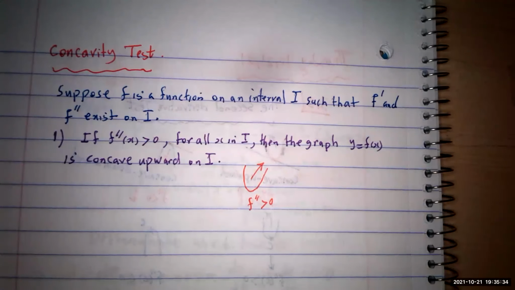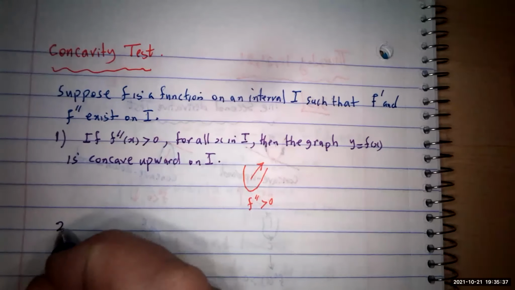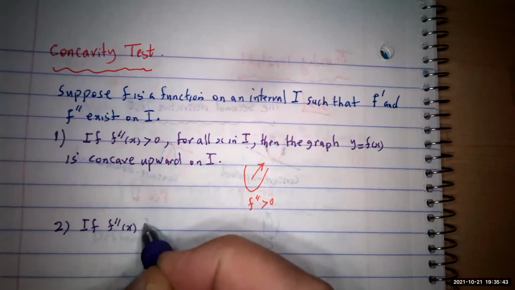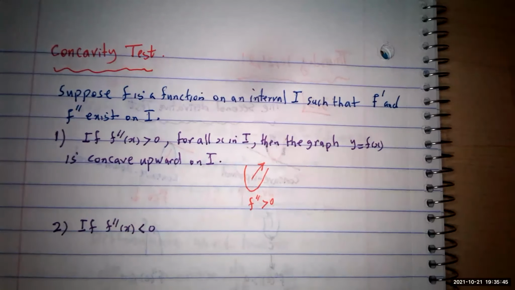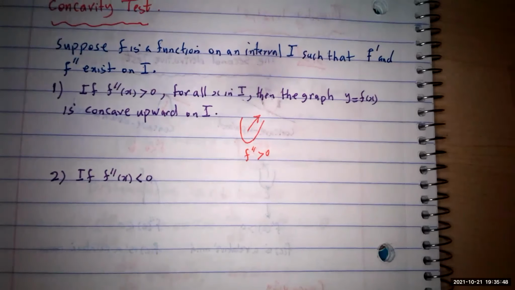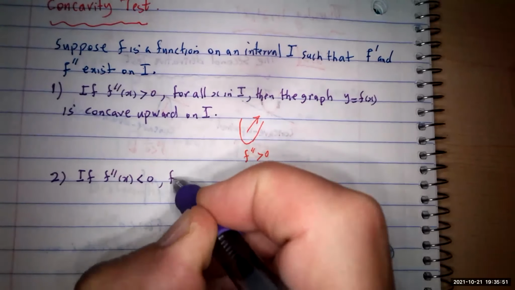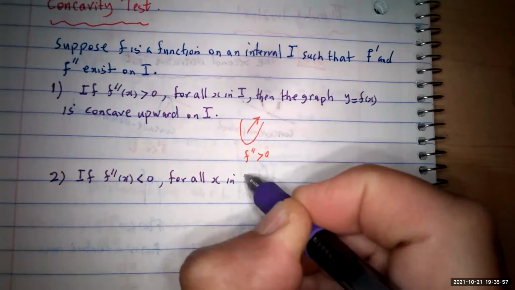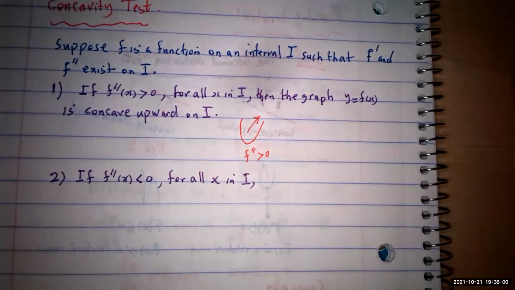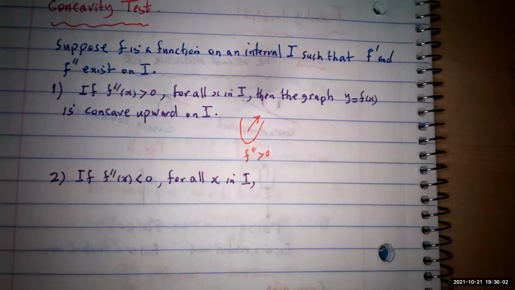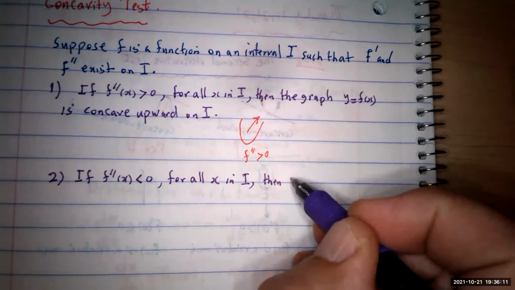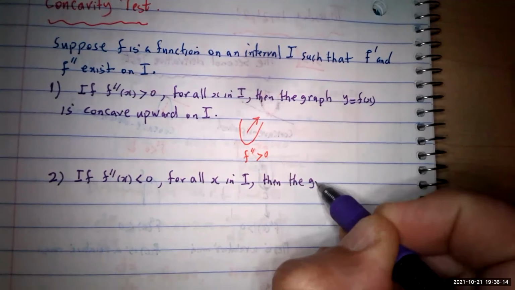If it's going to be negative, it's the other way around. So the second version is if f double prime of x happens to be negative, then of course for all x in the interval I. If this is the case, negative means down.